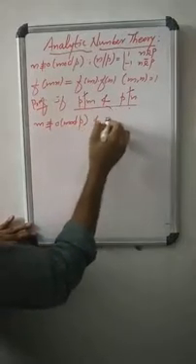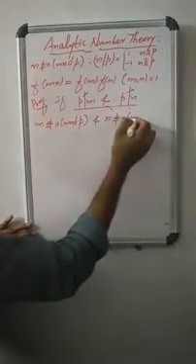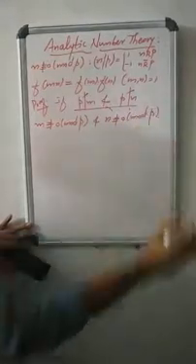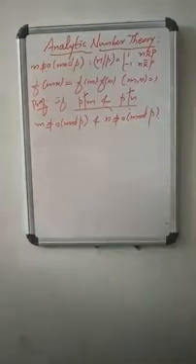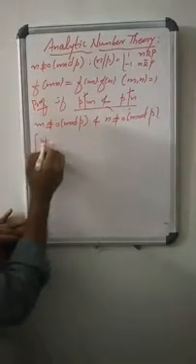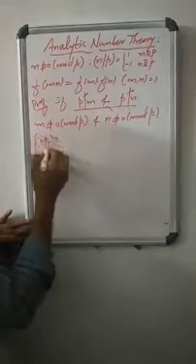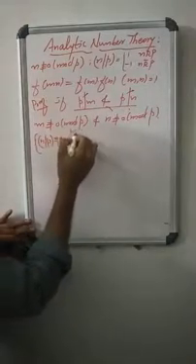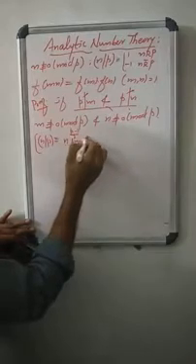But by the previous argument, for every n, we know that (n/p) is congruent to n^((p-1)/2) mod p.